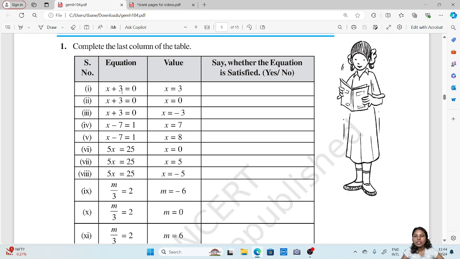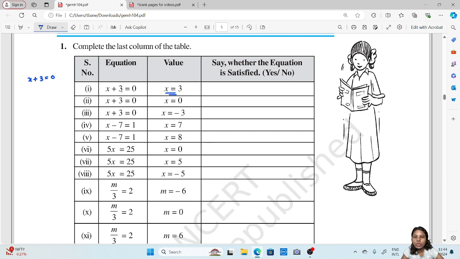So now see here, first we have to substitute x equals 3. So we'll write the equation. x plus 3 equals 0.